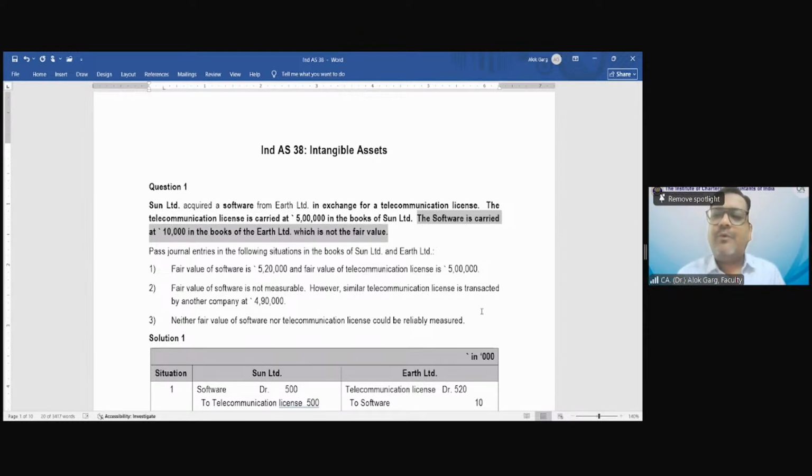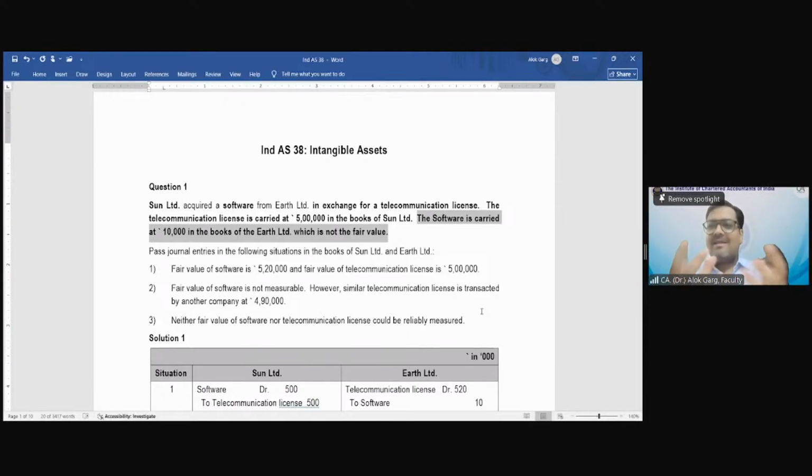So what is the beauty of this question? The beauty of this question is Sun Limited and Earth Limited are both exchanging their intangible assets. Sun Limited is acquiring an intangible asset, which is software, and surrendering the telecom license.